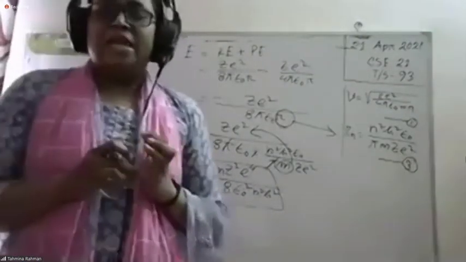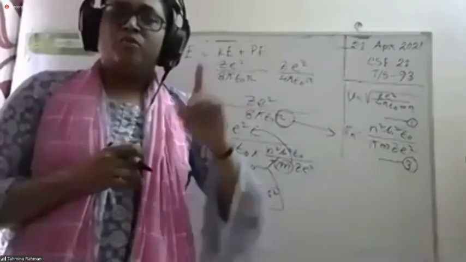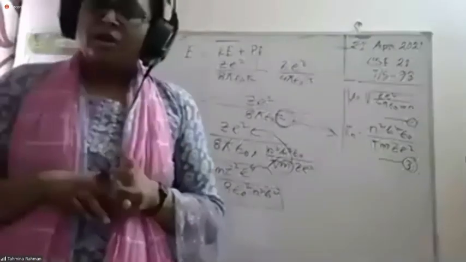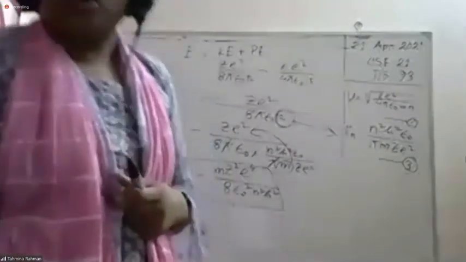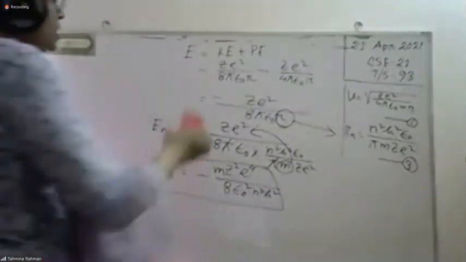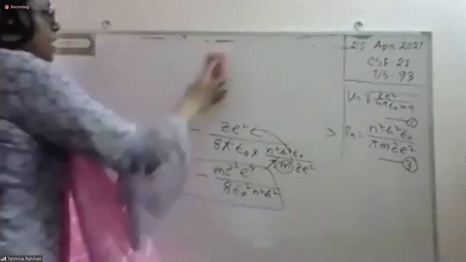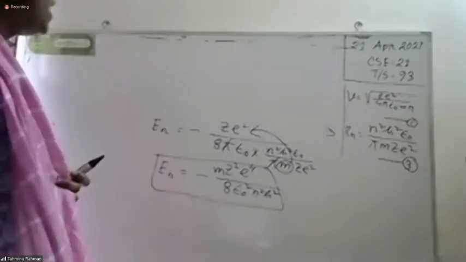So far we calculated two expressions. One is for the radius of the orbit, another is for the energy level. Now we consider one electron jumping from a higher energy level to a lower energy level.